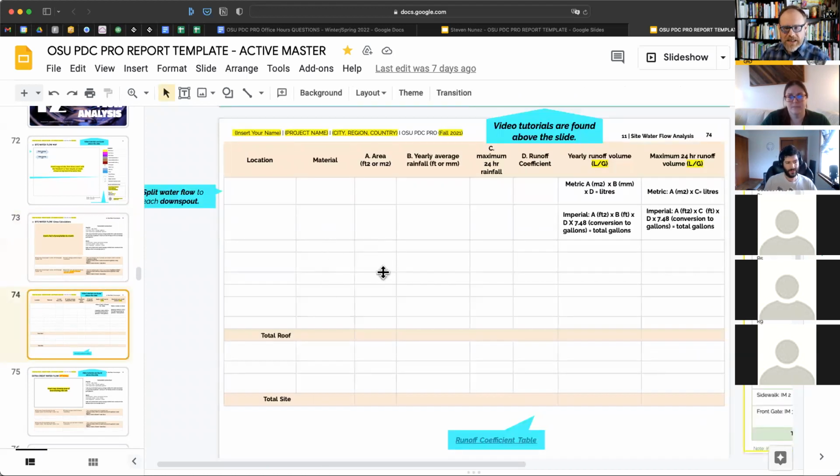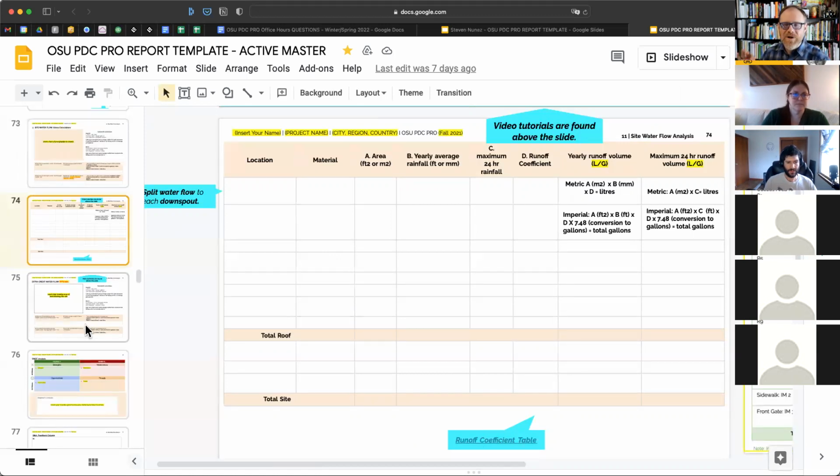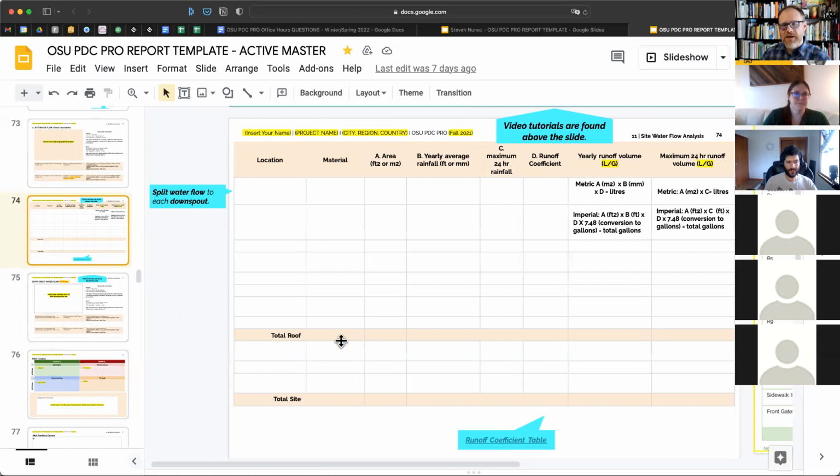So you'll see that we've got an entire runoff coefficient table. If you want to find the different runoff coefficients, you can find them there, with the caveat that it's always different for each site. So a clay soil in one place is not a clay soil in another. And here's a stumper for everybody.